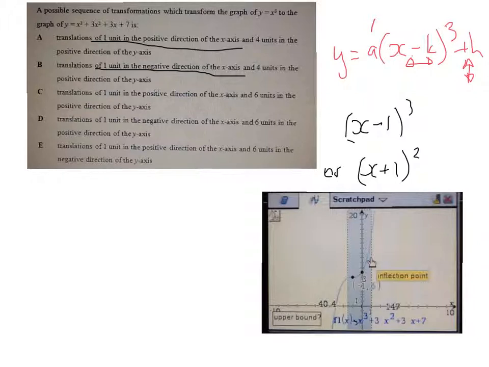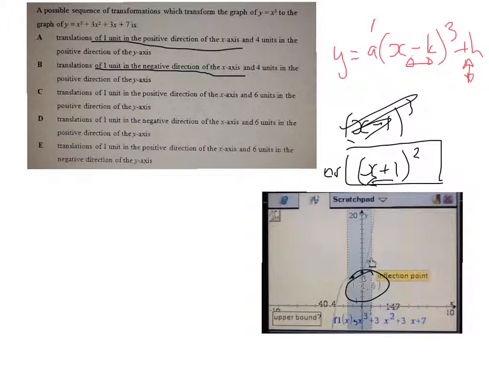And you can quite clearly see that the point of inflection on this one is at -1 and 6, and -1 and 6 would refer to this second option here. I'll get rid of that one. That would tell us it's been translated by 1 to the left, and then the y coordinate would be a +6, indicating it's gone up by 6.